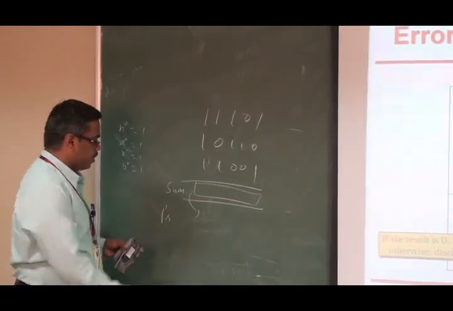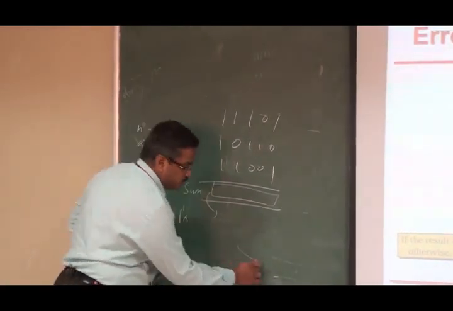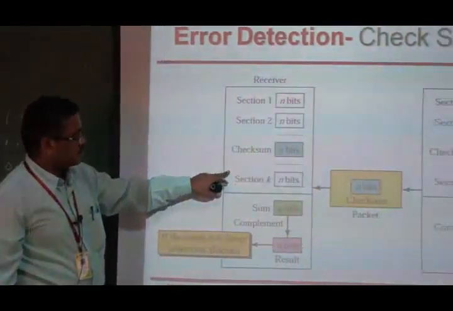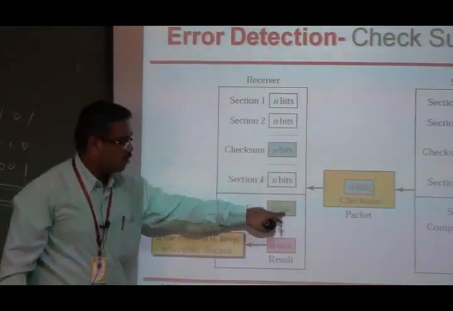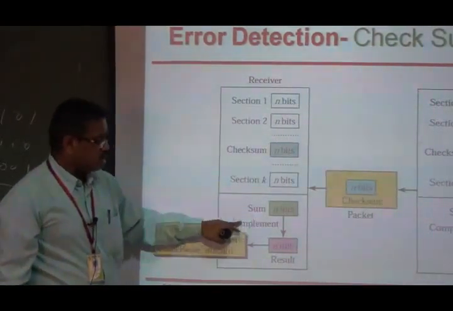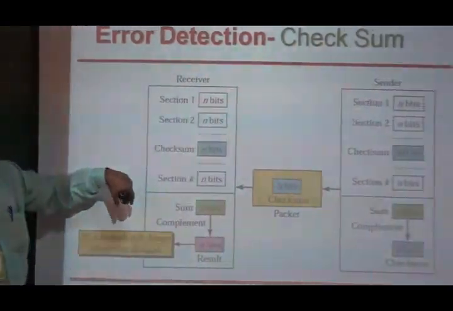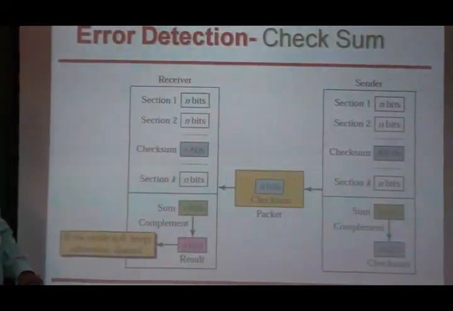You make the one's complement of this sum and transfer it to the network, as given here. So section 1, section 2, up to section k, you can make a sum of n bits, take the one's complement and pass it on. That is the sender side itself.